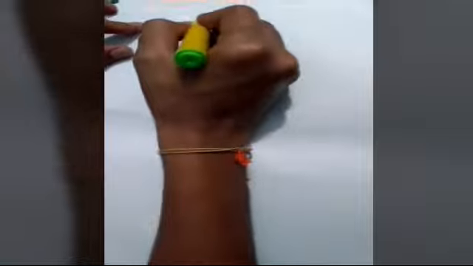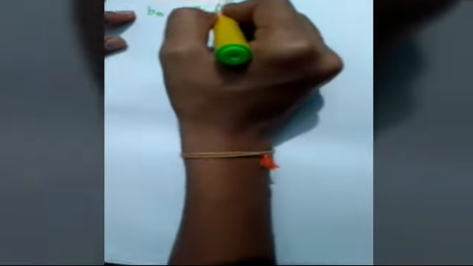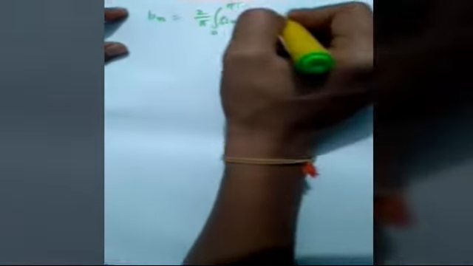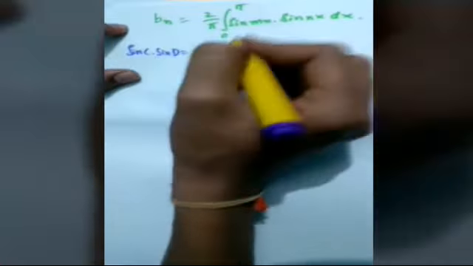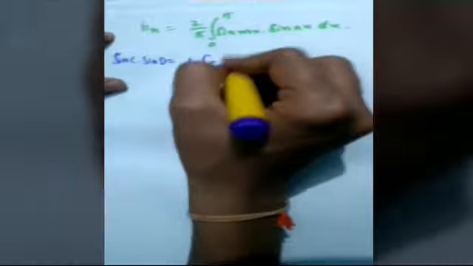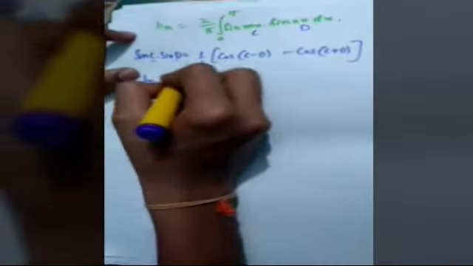bn is equal to 2 by pi integral from 0 to pi sin mx into sin nx dx. Now we shall recall a formula that sin c into sin d is equal to 1 by 2 cos of c minus d minus cos of c plus d.